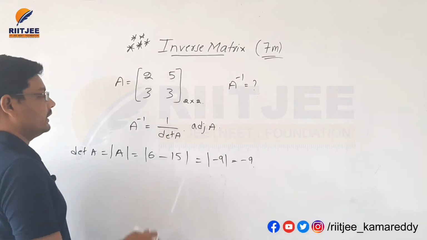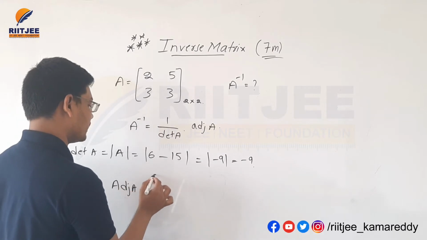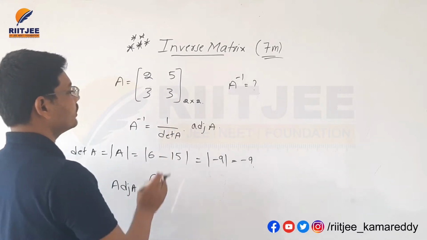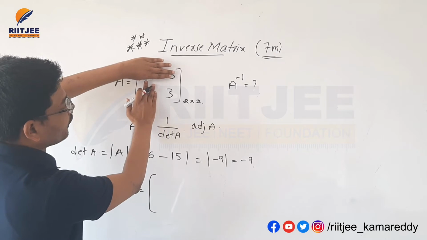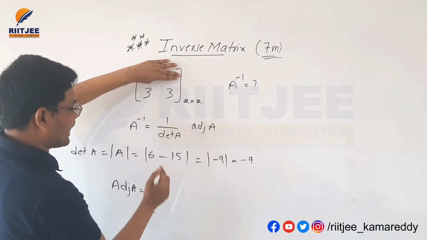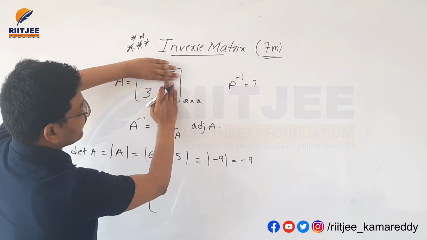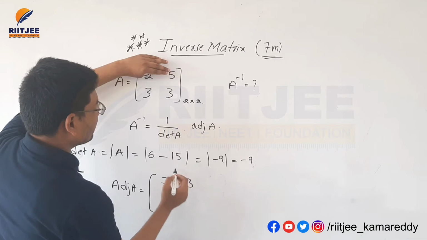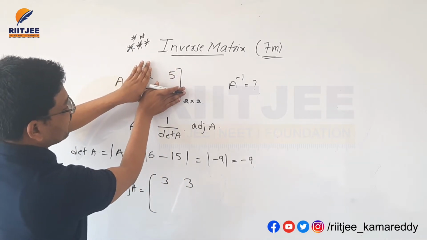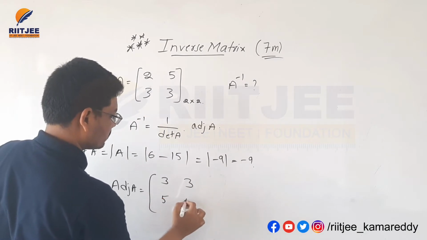Here we need to find the adjoint of this matrix A. First we need to find the value of each element. If you close the row and column which has 2, the answer is 3, and for 5 the answer is 3, again for 3 the answer is 5, and for 3 the answer is 2.